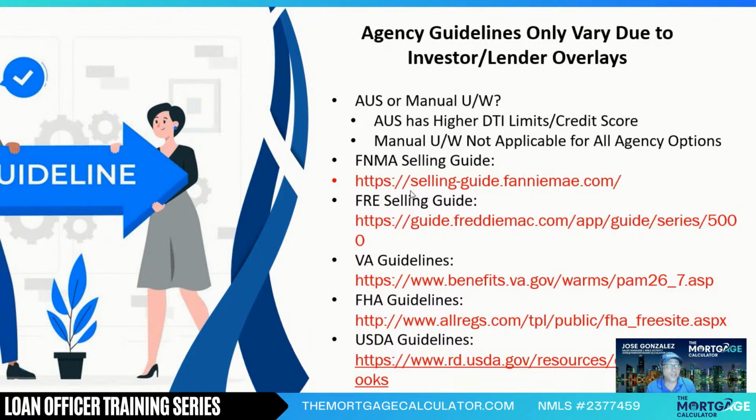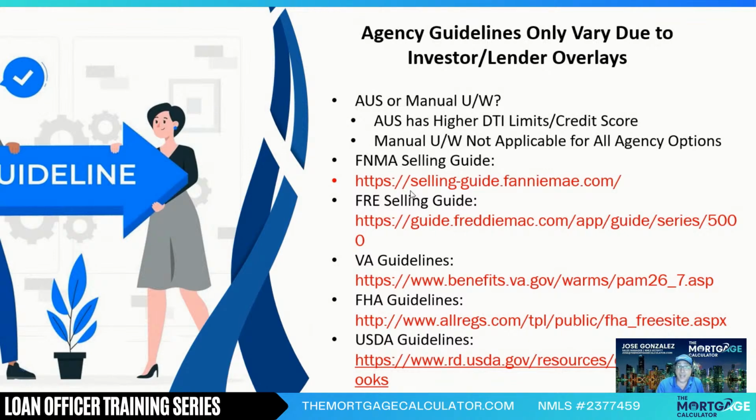But when you're considering agency guidelines, yes, they are homogeneous, but there are overlays. And then you've got to consider, like I was mentioning, AUS and the findings you're going to get. But then when you want to just check everything that's possible in structuring your deal, before submitting to automated underwriting.